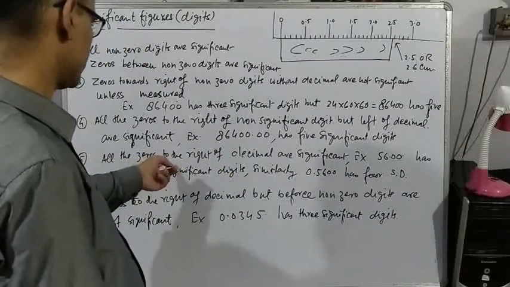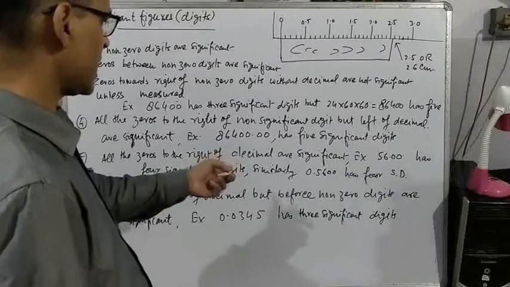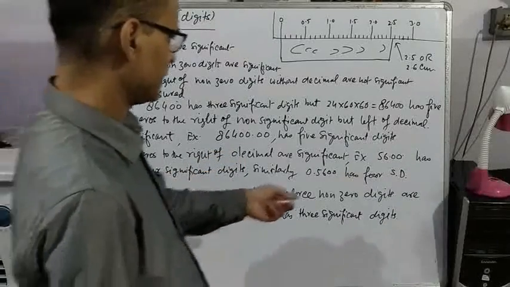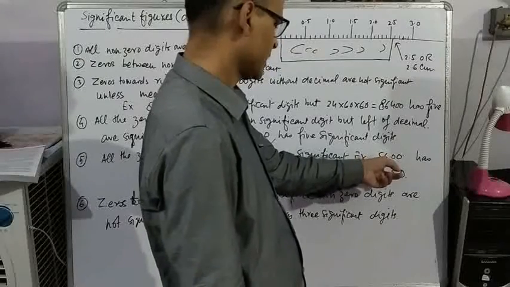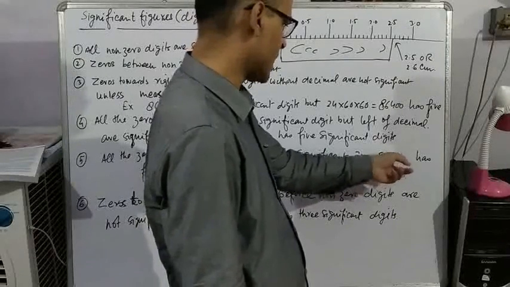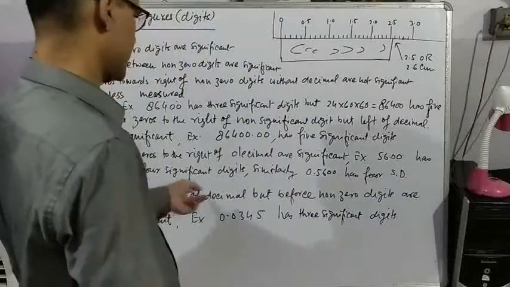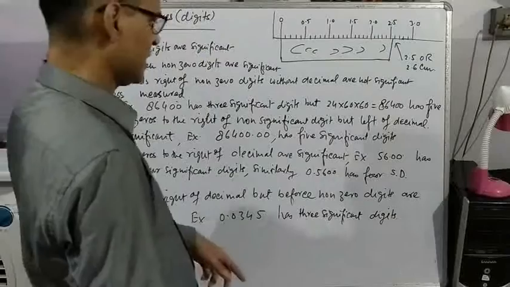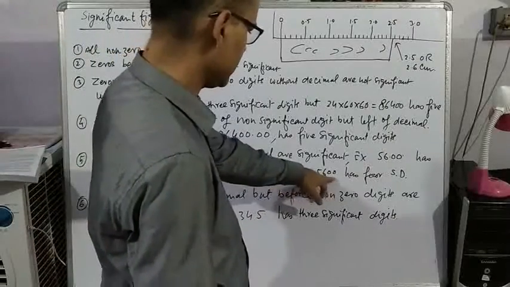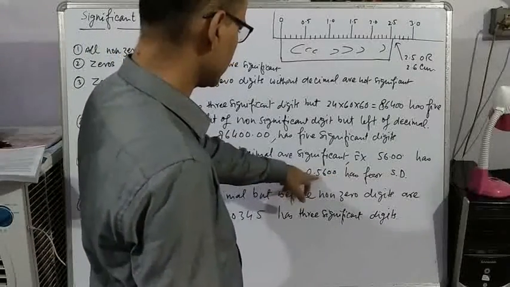All the zeros to the right of decimal are significant. 56.00, so zeros coming after decimal are significant. So total significant digits are 4. Similarly, this value also has 4 significant figures.